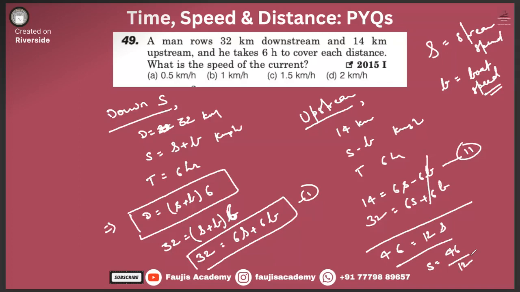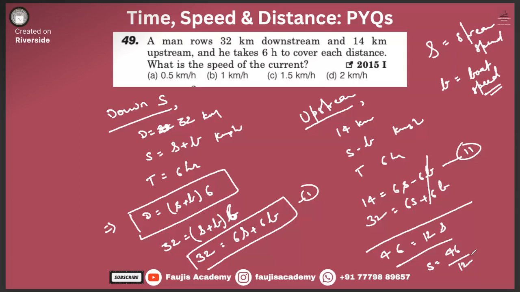D is equal to 32, speed is S plus B, it's downstream, T, and he takes 6 hours to cover each distance. So 6S plus 6B equals 32 distance. Upstream 14, S minus B, T 6 hours. S minus B: 6S minus 6B.